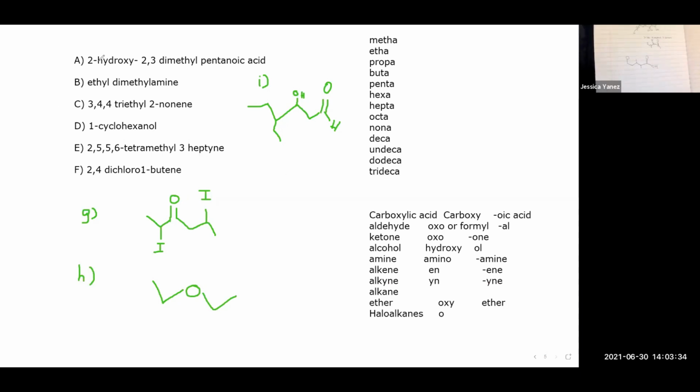Oic acid is always going to be terminal, at the end. Okay. So you had your oic acid, right? So it's pentoic acid. How many carbons would that be?